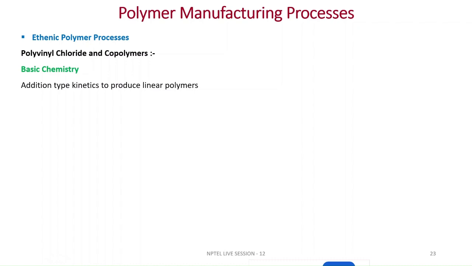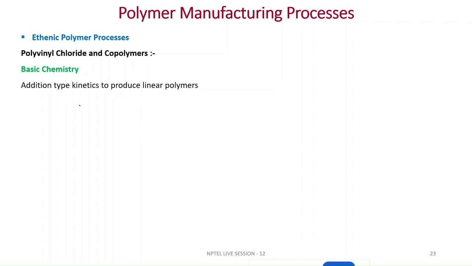Okay, so now we will move on to our next process, that is vinyl polymer process: manufacturing of polyvinyl chloride or PVC and its copolymers. The basic chemistry involved in this process is addition kinetics to produce these linear polymers.